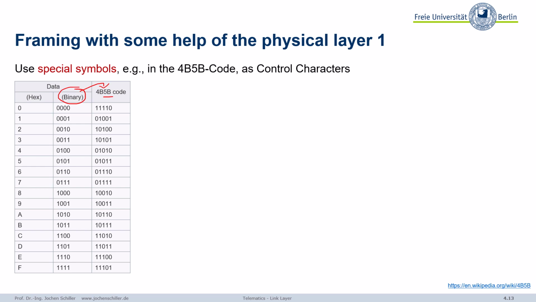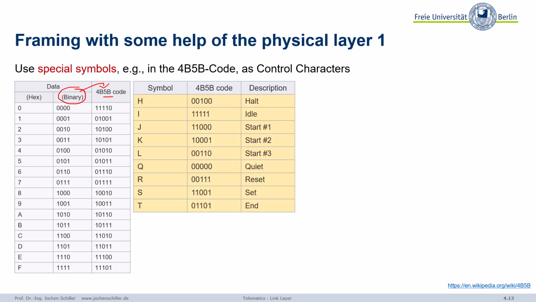But as we map 4 bits to 5 bits, we suddenly have 16 code words we can use for something. In the table in the last chapter, we already saw there are some special symbols like idle, start, quiet, reset. So bit patterns we do not use for user data. We also learned we have 80% efficiency, etc.